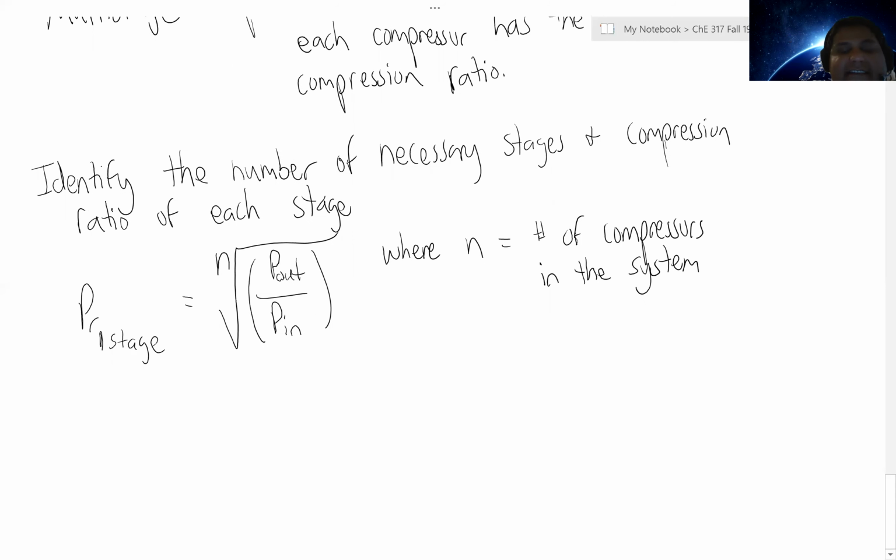So if I know my desired inlet and outlet, based off of that, my expected number of compressors, I can find my compression ratio and vice versa.